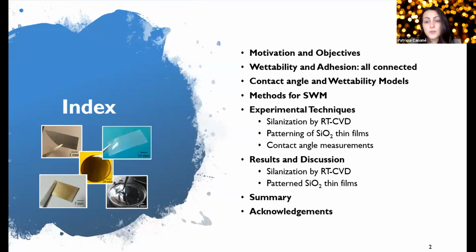Then I'll present the experimental techniques that I used in this work, followed by the results that came from it. And as Vanya said, I applied these techniques in several materials like silicon, microscope glass, thermoplastics, polymers such as SU8 and PDMS, and several thin films.